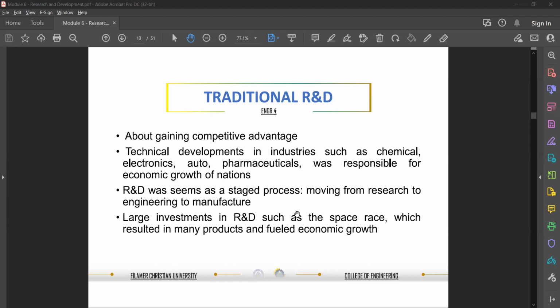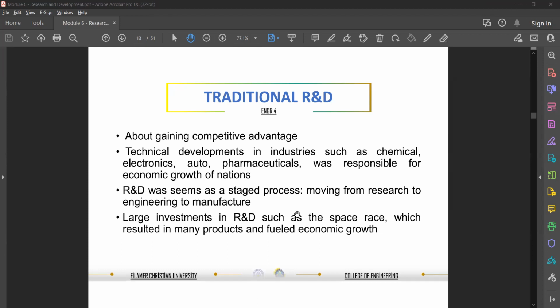So research and development is seen as a stage process, moving from research to engineering to manufacture. They started in research, then developed with the use of engineering tools, then manufactured for commercial use.